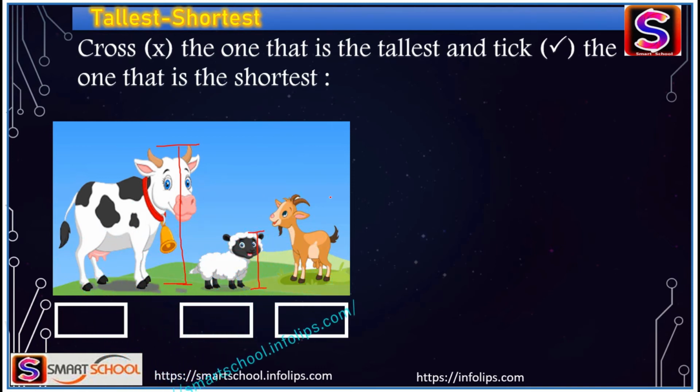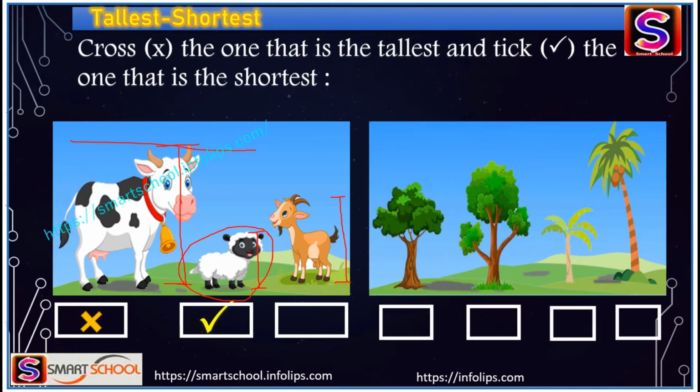And the third one is a goat. The goat has this much height. So the biggest one is the cow and the smallest one is the lamb. So that's why the cross goes to the cow and the tick mark to the lamb, because the lamb has very less height and the cow has more height among all.